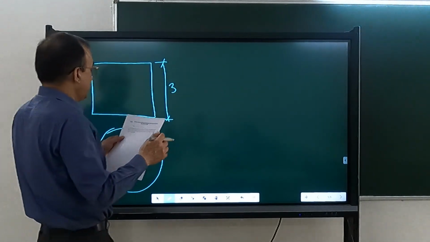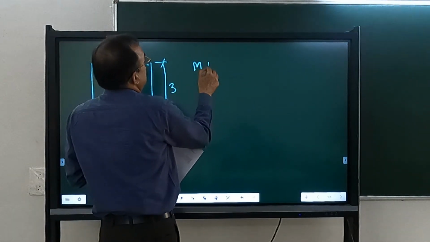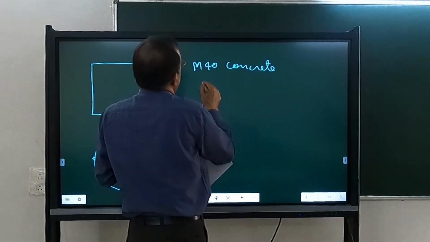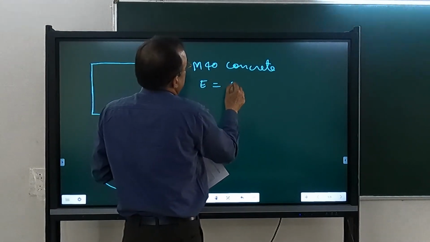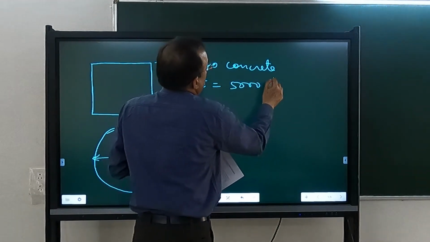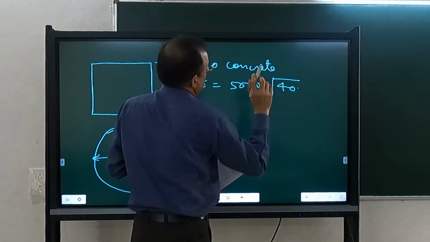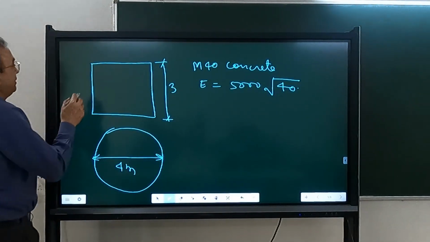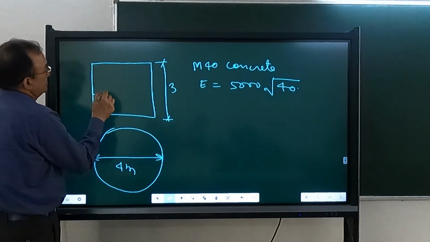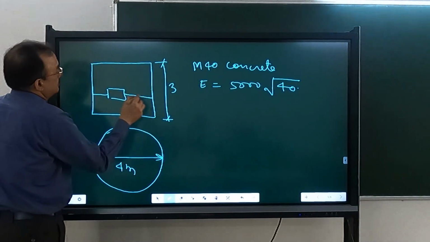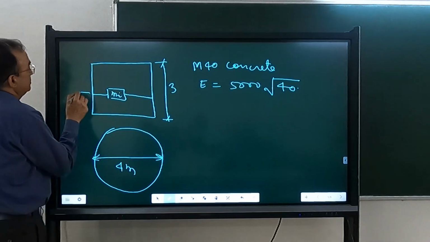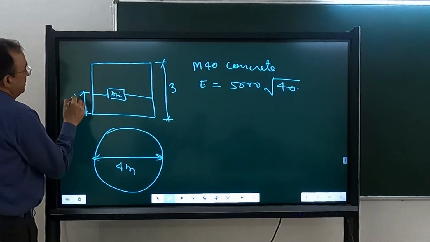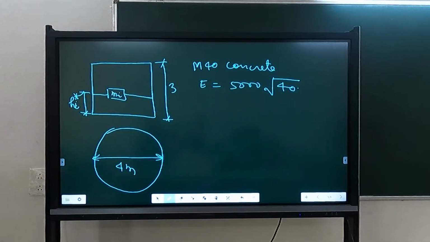M for the concrete, you can calculate E. Okay, then you can calculate MI. And HI is tau. Okay.